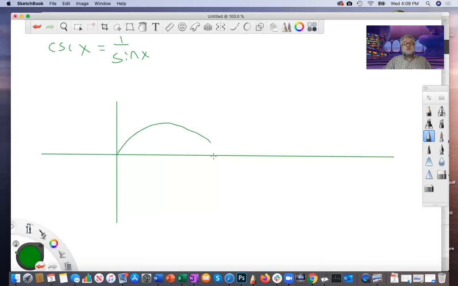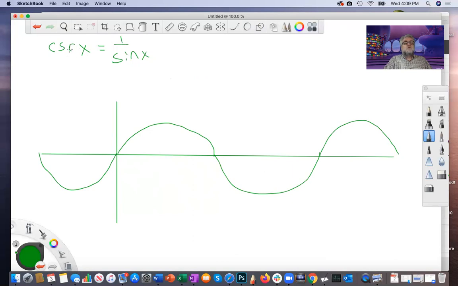So sine is going to be like that, and like that. And there's another little hump over here. And I'm not really worried about the markers in between here because I'm not drawing cosine.